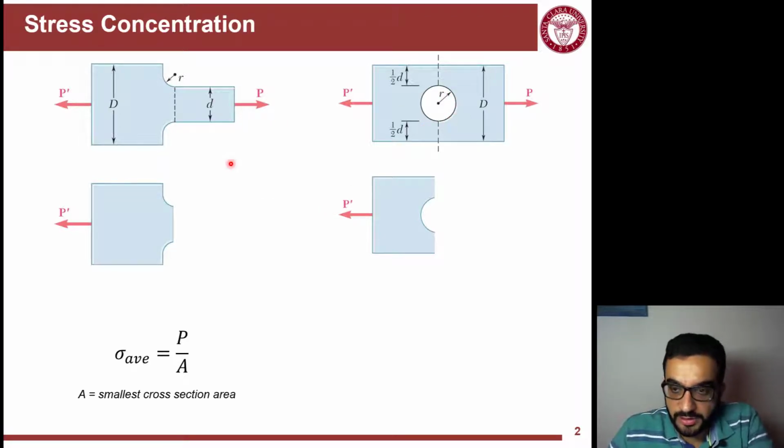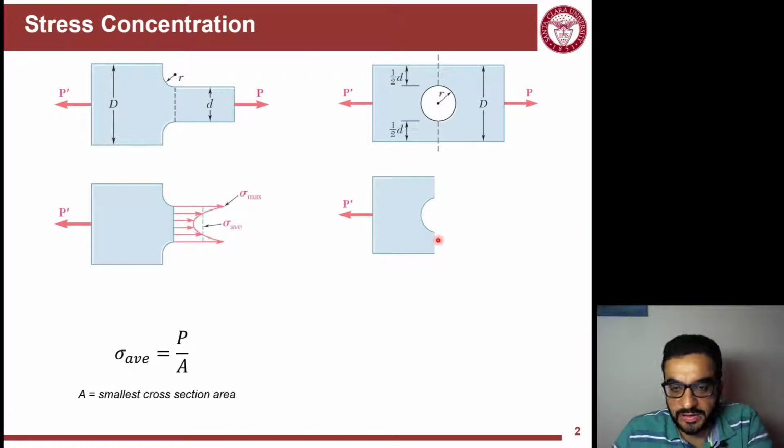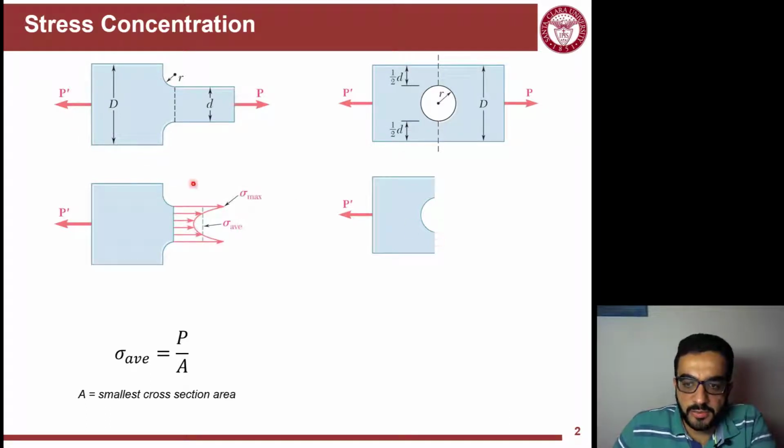So they used experiments and photoelastic methods to gauge the stress inside this cross section in the case of notches, and this cross section in the case of holes. They found that the stresses in the first case are really extreme in the area where the cross section transitions from a big dimension to the smaller dimension.